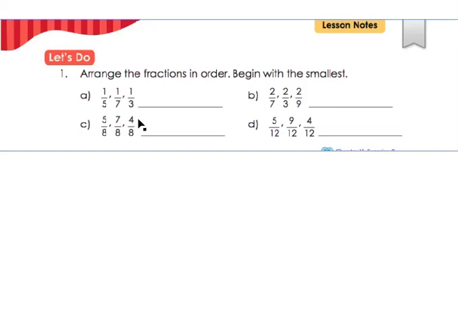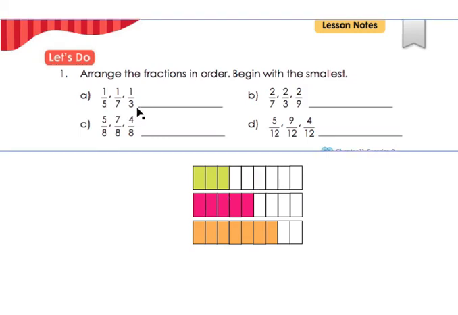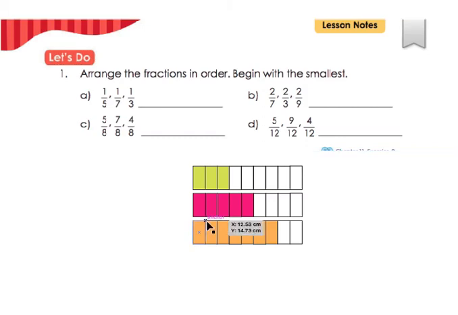The biggest number is the biggest, the smallest is the smallest. When you have a different denominator, then yes, I recommend you come and do your pictures. Or just remember the rule. The bigger the denominator is, the smaller the fraction.